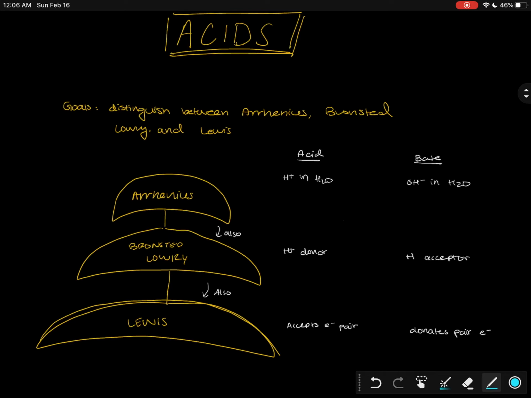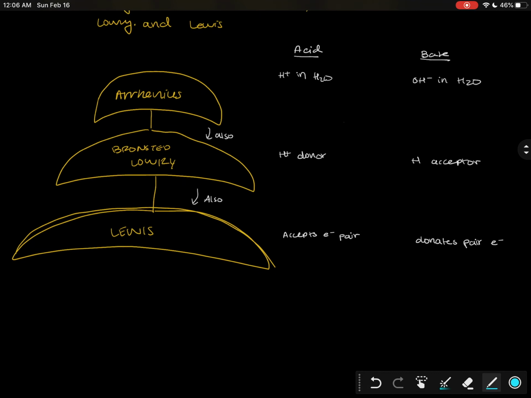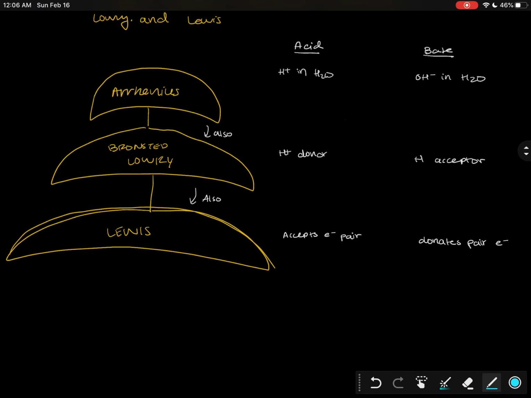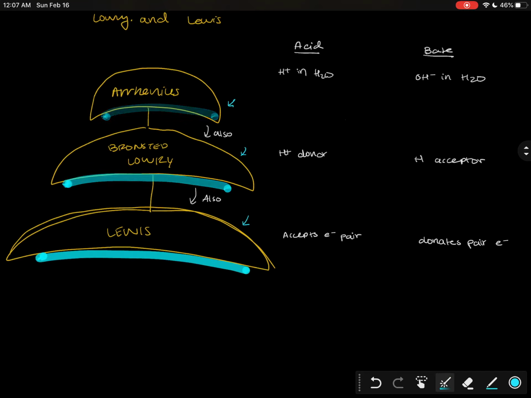Today we're going to be distinguishing between Arrhenius, Bronsted Lowry, and Lewis acids and bases. The way that I've set this up is first you can see that I've written Arrhenius, then Bronsted Lowry, and then Lewis. The reason that it keeps getting bigger and bigger as we go along is because Arrhenius is the most specific.